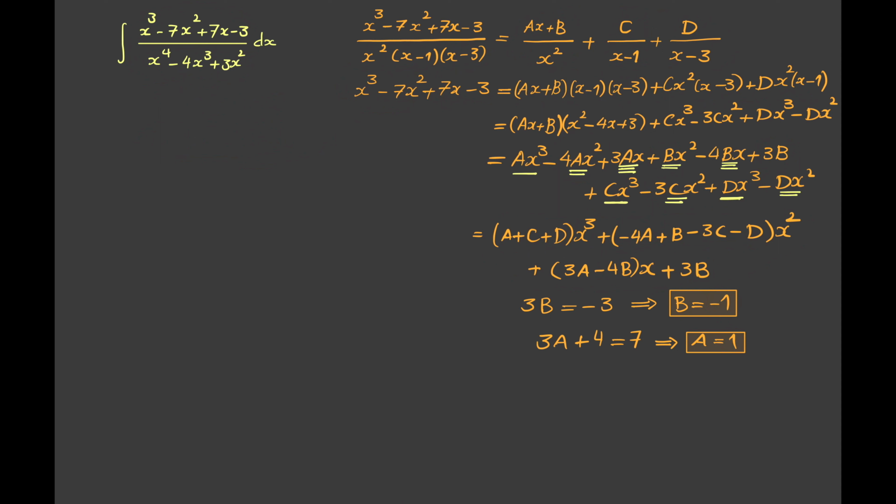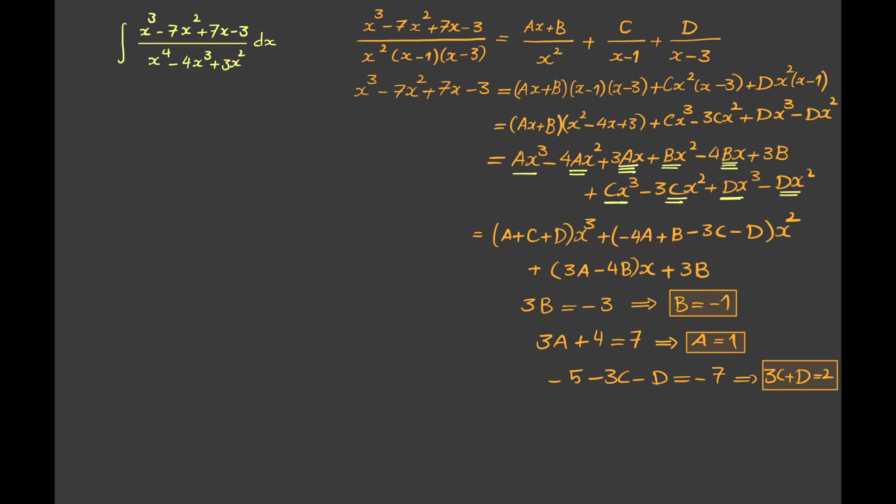So minus 5 minus 3c minus d is supposed to be equal to minus 7. If I simplify this a little bit, it becomes 3c plus d is equal to 2. So that's one equation that I get here.